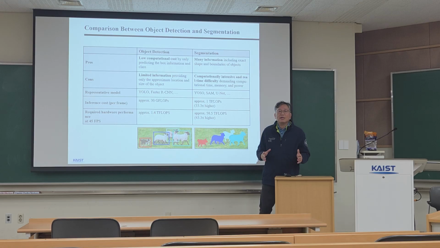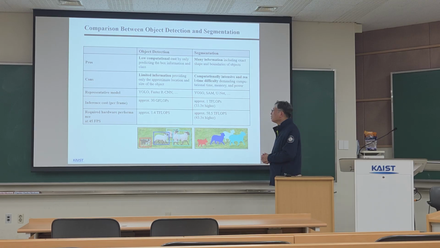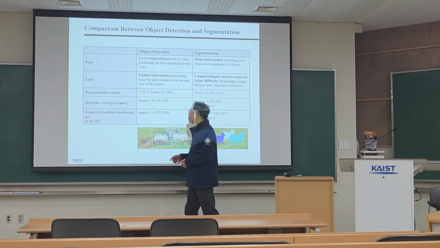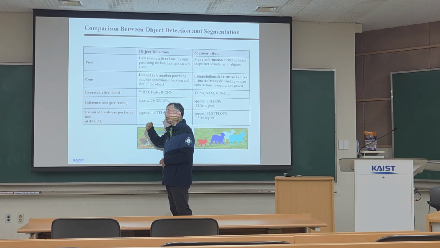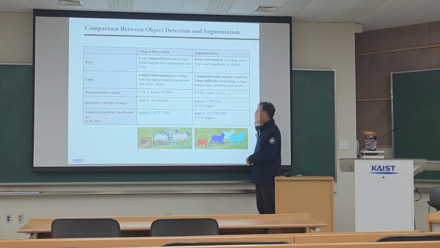I think the robot that we have can do about a teraflop of operation. And in fact, YOLO can do 45 frames of detection in real time. And it requires 1.4 teraflops. This one requires a lot more.